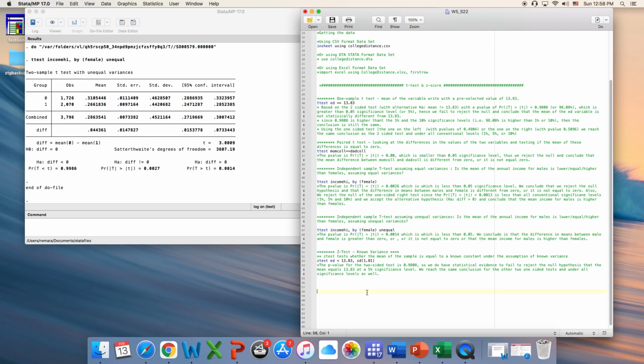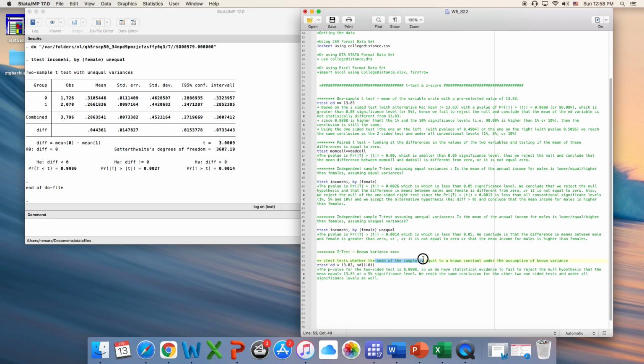The last thing is the z-test. So we'll start it this week and then we'll continue it next week. So what is the z-test? The z-test tests whether the mean of the sample is equal to a known constant. So I would tell you a certain number, for example, education is equal to 13.83.